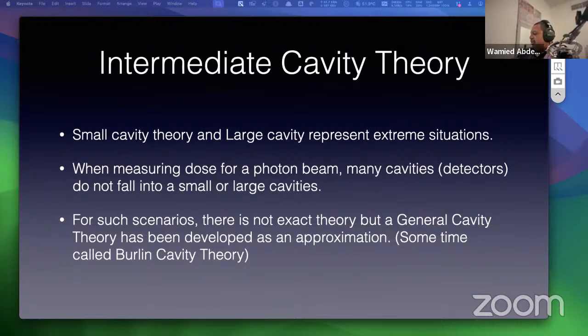So in such scenarios, we don't really have an exact theory. We can't just use stopping powers. But we can use a general cavity theory as an approximation. This general cavity theory is sometimes called an intermediate cavity theory, or the Burlin cavity theory.